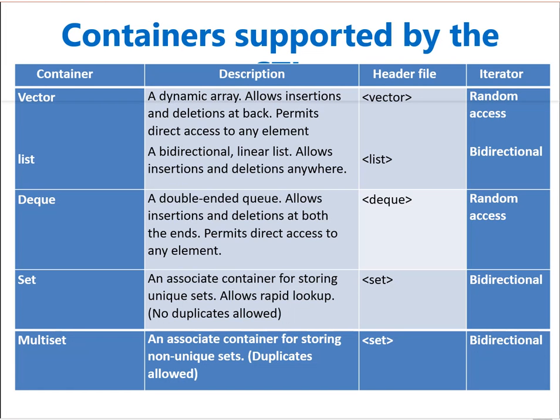List is another type of sequence container. List is a bidirectional linear list that allows insertion and deletion anywhere. All functionality of list is defined in the list.h header file, and list is supported by the bidirectional iterator, which we can use for manipulation of data.